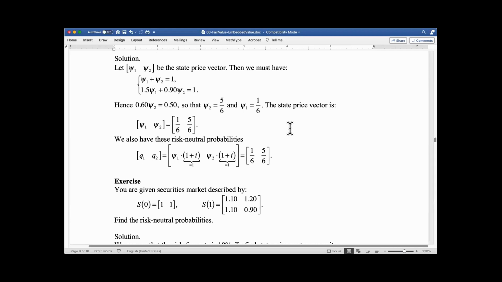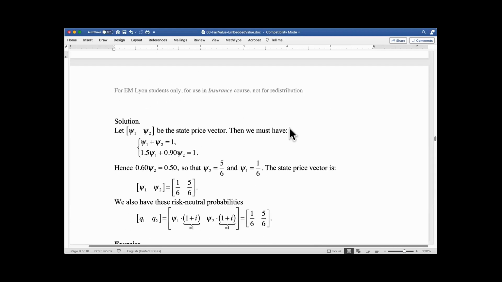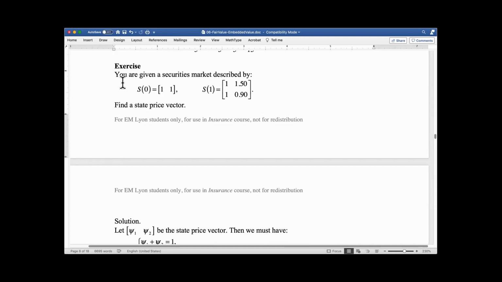And the risk-neutral probabilities are equal to them because this setup that you see here is actually telling you that the risk-free interest rate is 0. How come? Because the risk-free security is the one that has the same payoff no matter what happens, right? So the first security pays 1 in the first state and 1 in the second state.